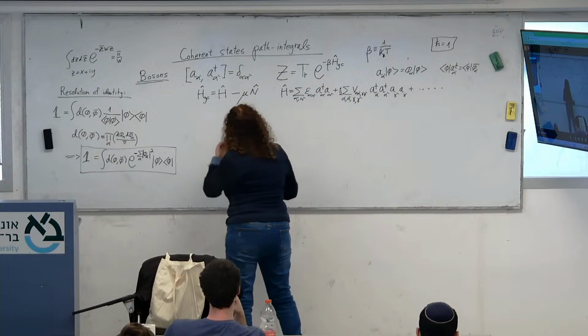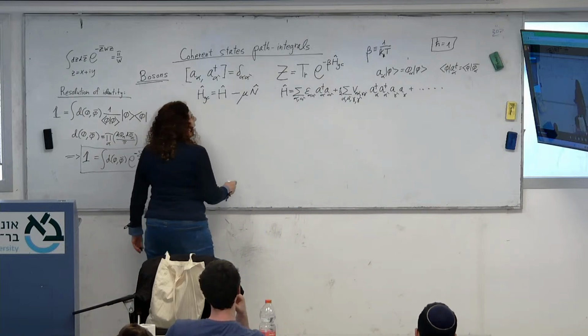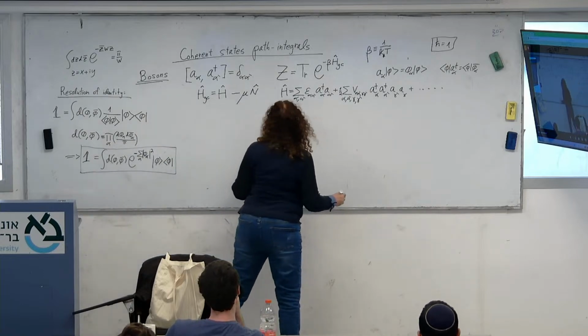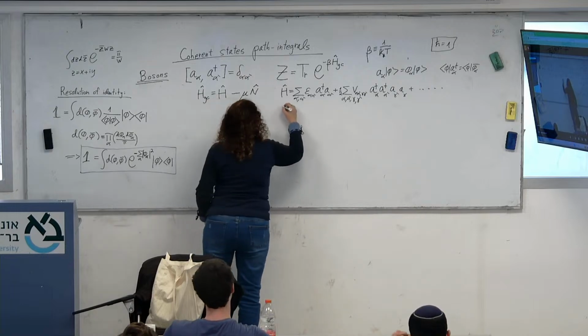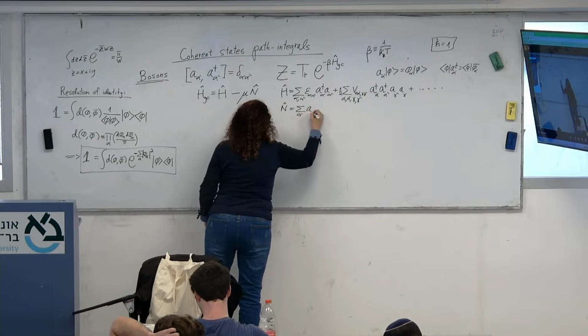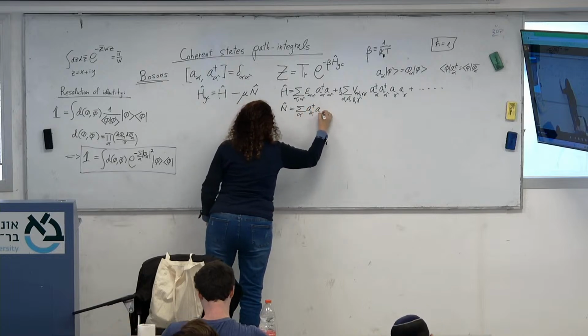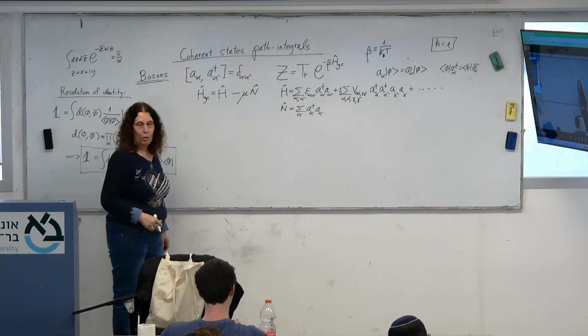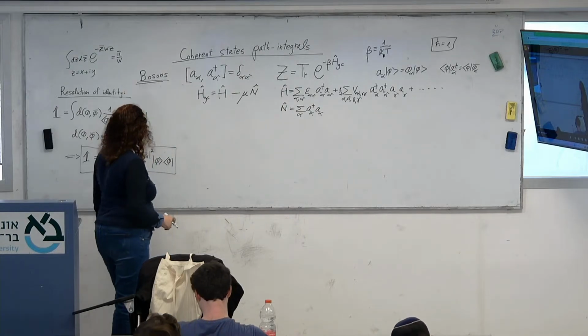So that's the Hamiltonian. And N, the number operator, can also be written in second quantization as simply the sum over alpha, just the sum over all the number operators.